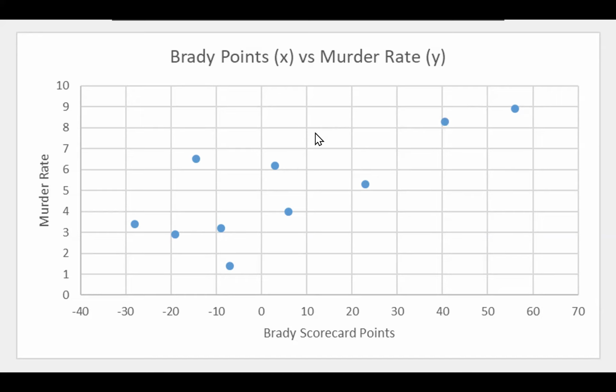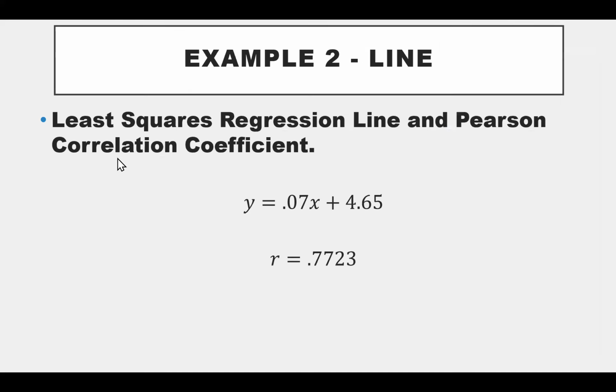If you put this into Excel and ask it to give you the least squares regression line and the Pearson correlation coefficient, it'll give you these two things. It'll give you y equals 0.07x plus 4.65 and r equals 0.7723.